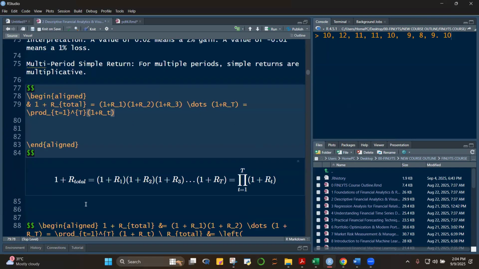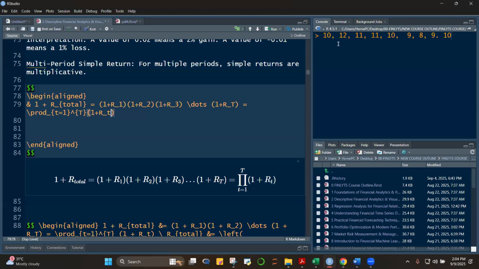Here, class, 1 plus the return here, and then multiply that with 1 plus the return here, multiply that with 1 plus the return here, and so on. So that is what happens there, class. You're getting the product.